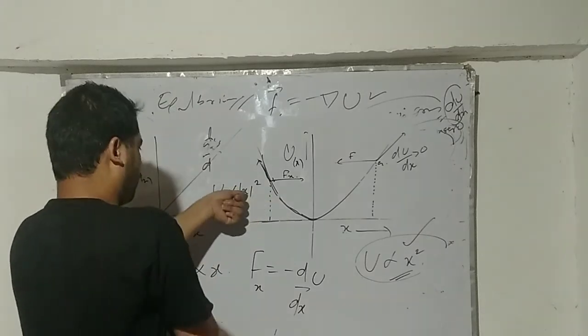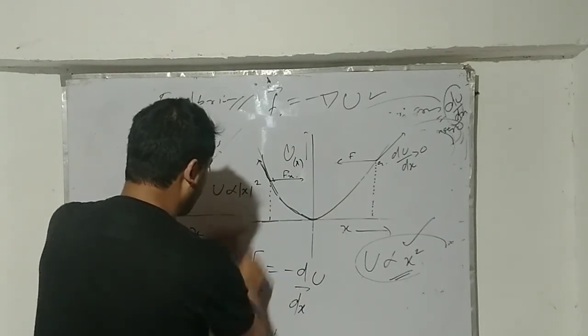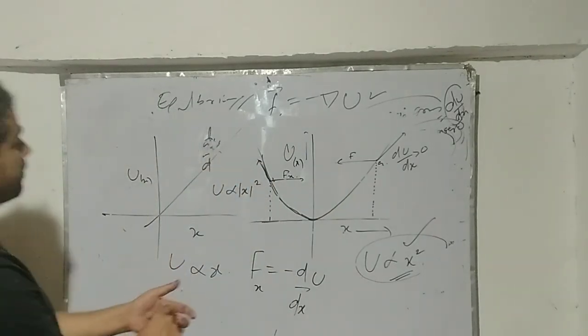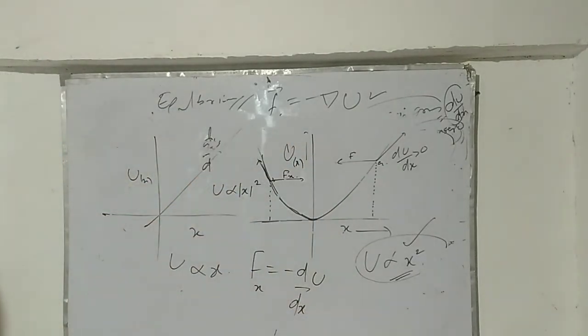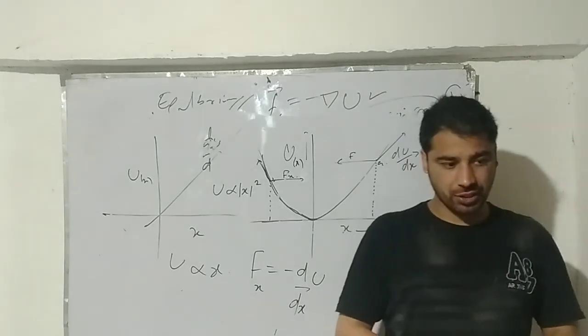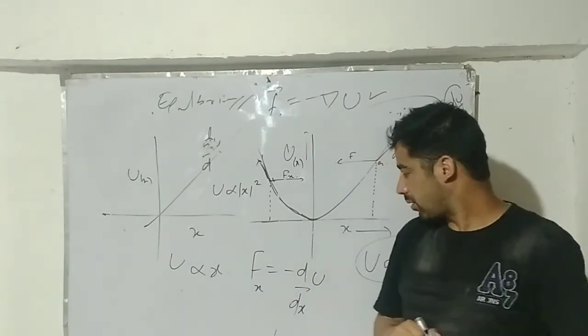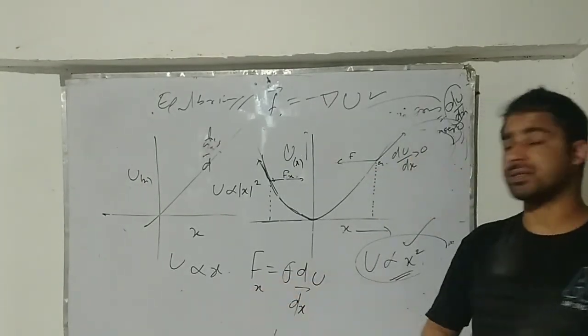Even if I put a negative sign, it will be positive again, by symmetry. But what's my point of interest? Basically, in the direction of force, my potential energy decreases here. So I get a very important conclusion: the potential energy decreases in the direction of force. So this is what this negative sign is all about.